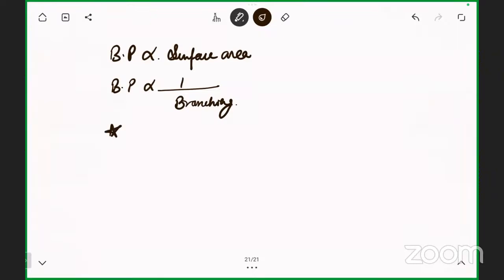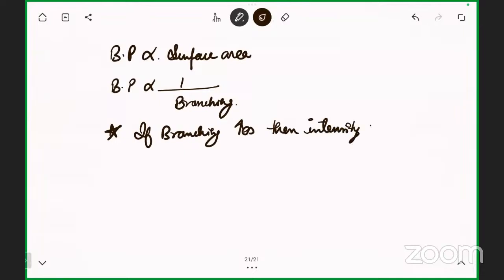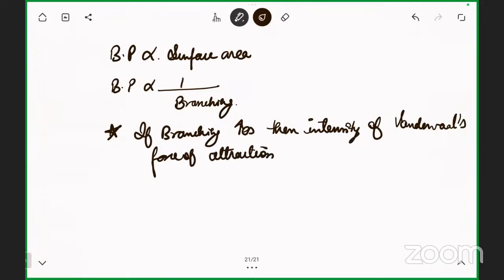So you can write: if branching increases, then the intensity of van der Waals force of attraction decreases. Clear?